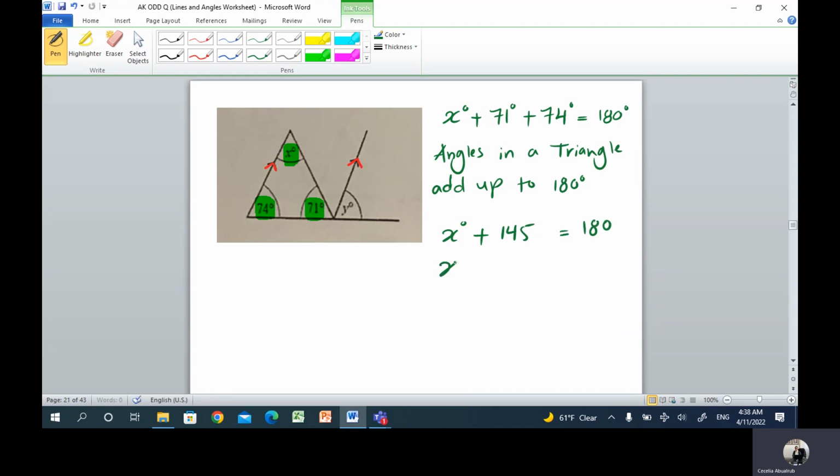If you apply opposite operations now by subtracting the 145 from 180, so 180 minus 145, the answer will be 35 degrees. So we found x.